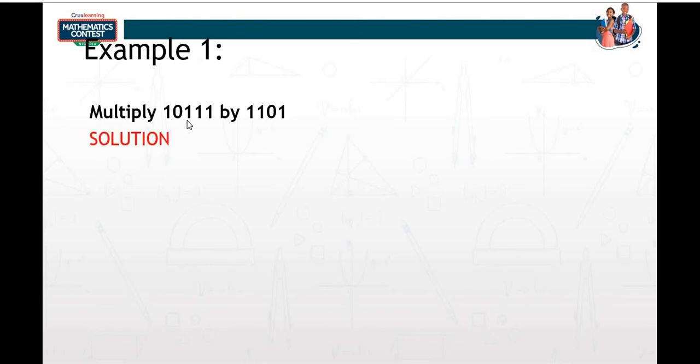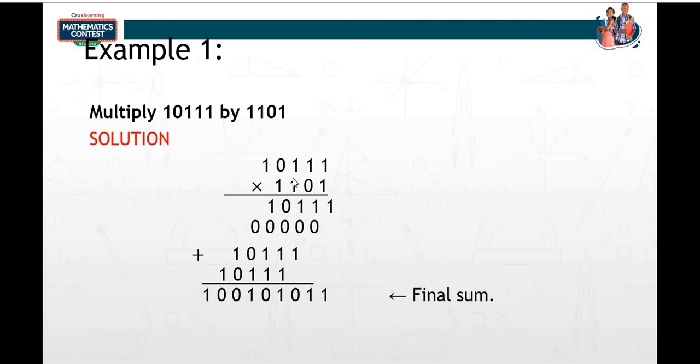So we have 1, 0, 1, 1, 1 to multiply by 1, 1, 0, 1. And here we have it. The same way you do your normal multiplication, but now you're working in base 2. Okay. So you multiply everything here and we have 1, 1, 0, 1, 0, 1. 0 multiply everything is 0. 1 will multiply. When you are done, you add.